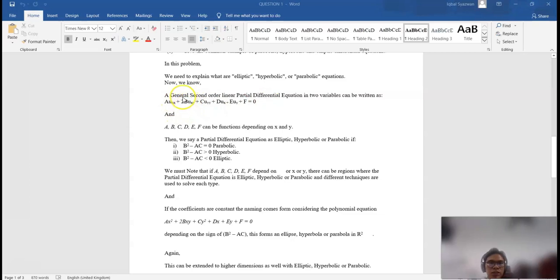A general second order linear partial differential equation is written as this one. This is the equation. Then we classify the partial differential equation as elliptic, hyperbolic, or parabolic, depending on the equation given.